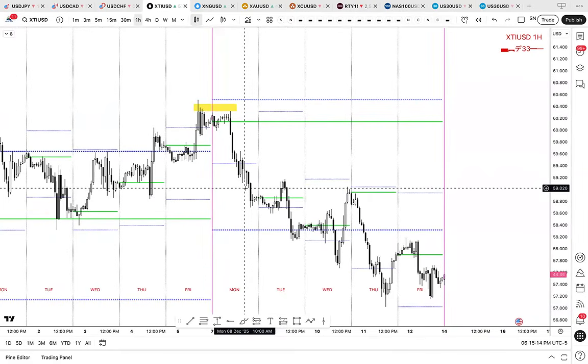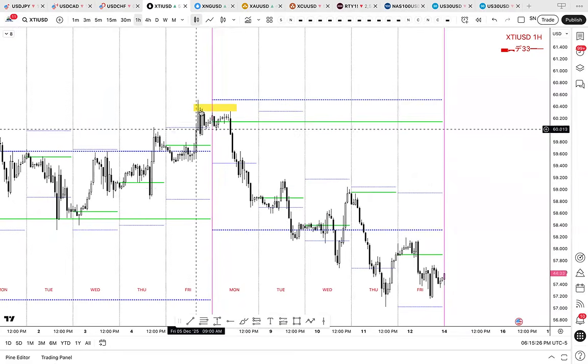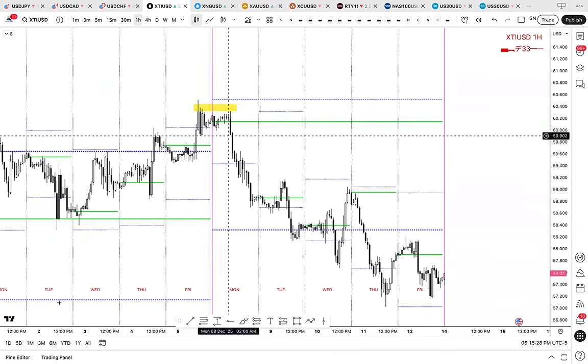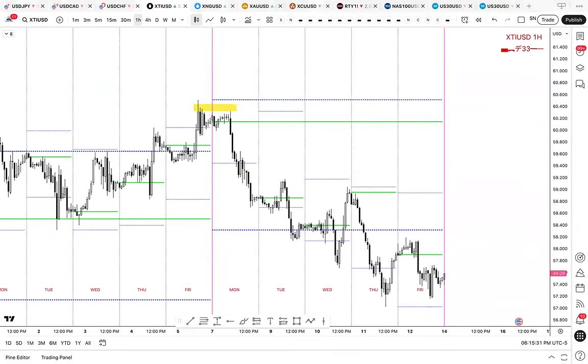But what I've noticed is the same zones that I draw up on the 15-minute are inside of the 1 hour zone. Again, structure is on any time frame. So I've decided to just use the 1 hour charts because it's pretty clear and clean as far as structure goes. You see how this market broke out and failed.